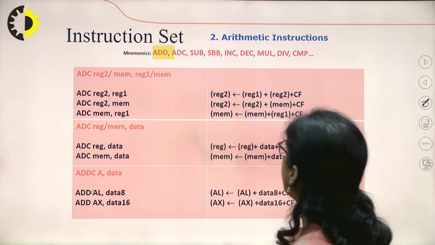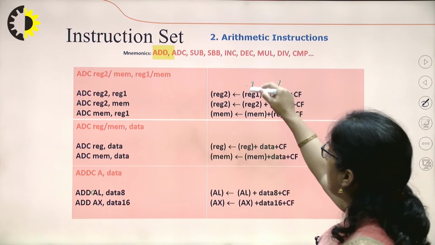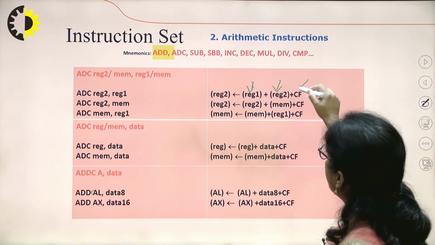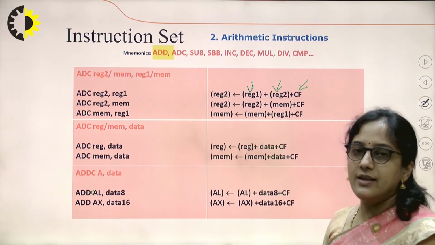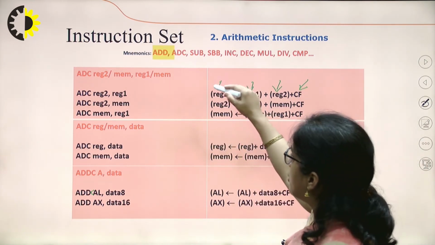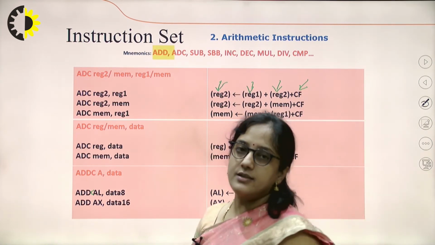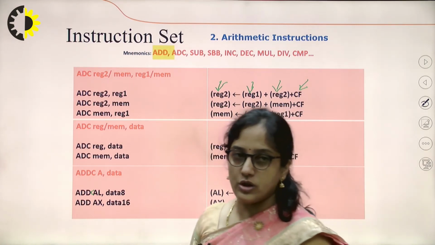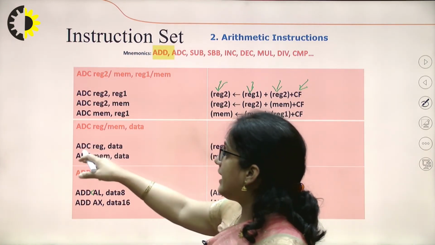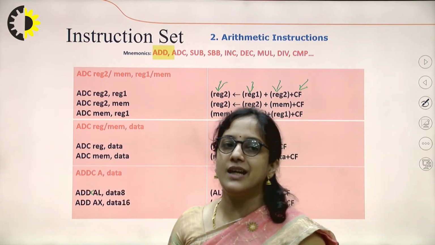So in case of addition through carry, the contents of register 1 and 2 get added, and also the content of the carry flag gets added in the result, and then the final result is stored in the destination register. So we have to specify which register we are considering as the destination register to hold the result after addition. In this case, we have to write ADC instead of ADD. We are writing the mnemonic ADC.